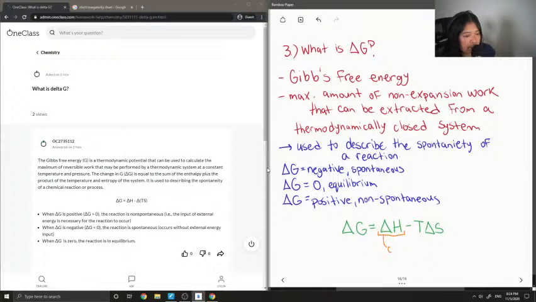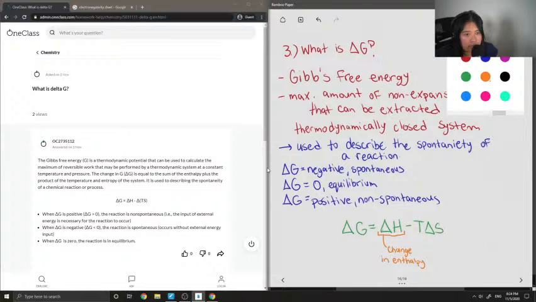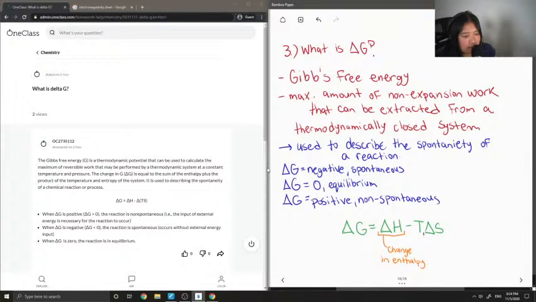Delta H is the change in enthalpy. So basically this is like the heat of the reaction. And also delta S, this is the change in entropy.